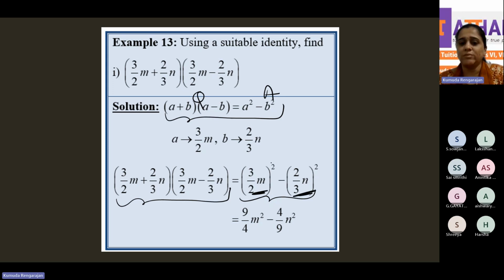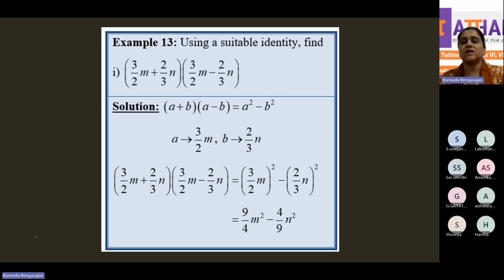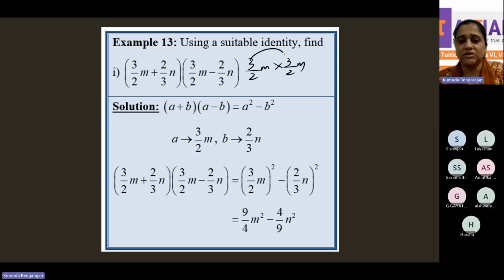This one. And put the squares, because a square minus b square, and then work that. What is 3 by 2 m the whole square? 3 by 2 m into 3 by 2 m. So 3 3s are 9, 2 2s are 4, m into m, m square.